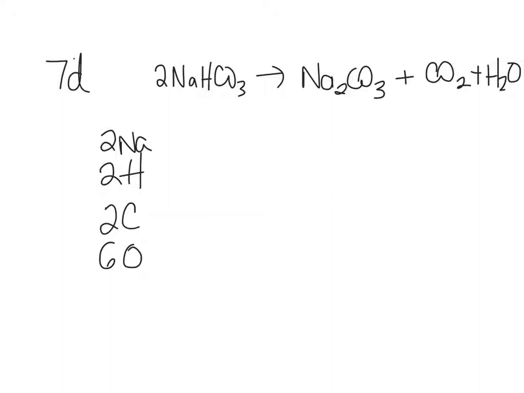The reason I'm listing them is because one of our polyatomic ions does not remain as a polyatomic ion on the other side. Carbonate became CO2. So it got a little tricky. So, on the right-hand side, how many sodiums?